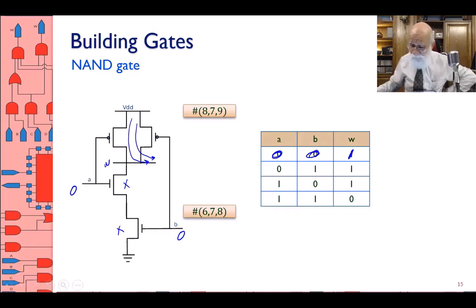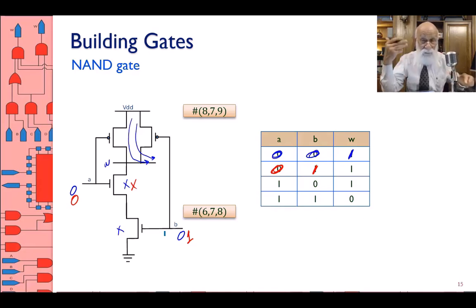Okay, now let's try a few other things. Let's say that A is 0 and B is 1. Again, the A transistor is not conducting, but the B transistor is conducting. Remember we said that we are talking about event-driven simulation. We are not talking about current flow.